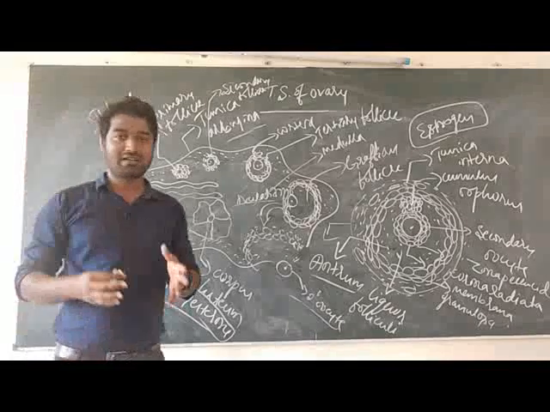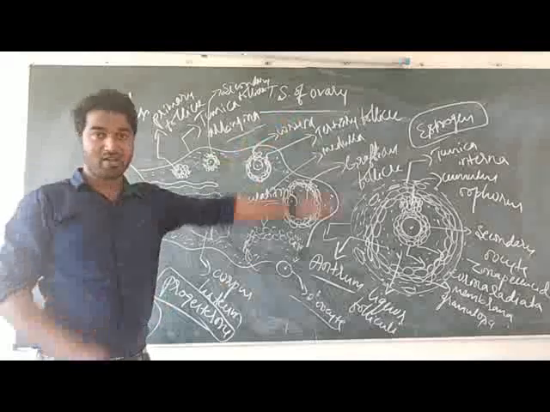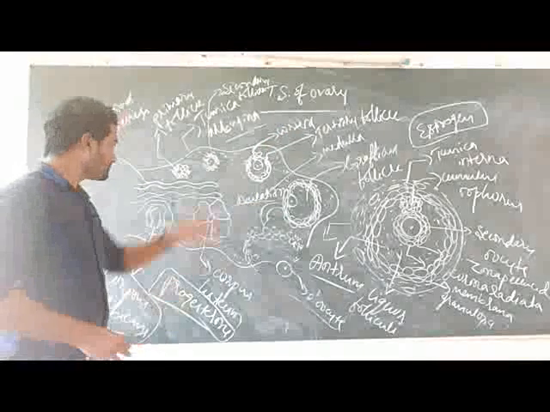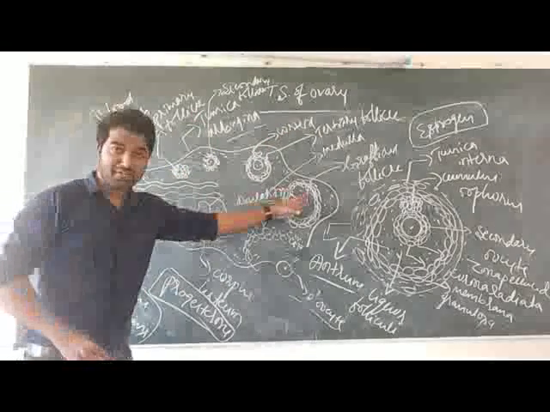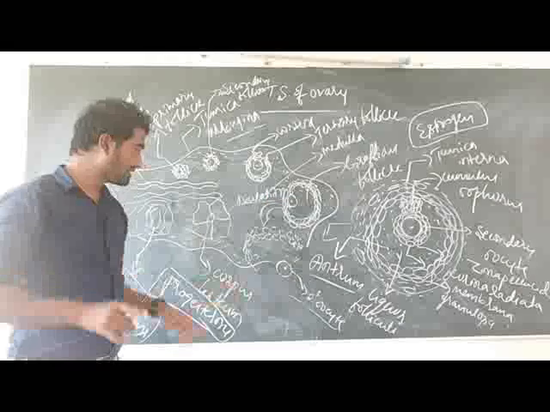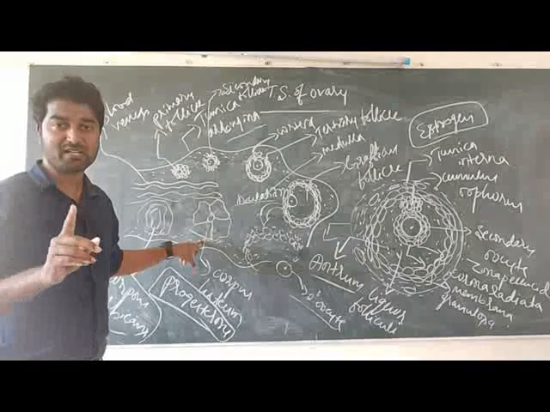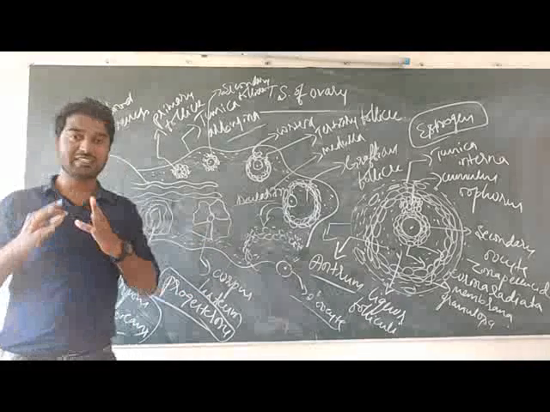This is the transverse section of the ovary, or TS of ovary. Here the matured Graafian follicle is very important for your theory exam as well as for your NEET exam, and the corpus luteum is very important for your NEET exam as well as for your Karnataka CET exam.